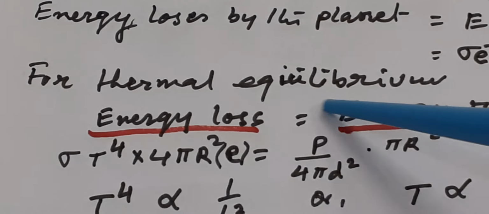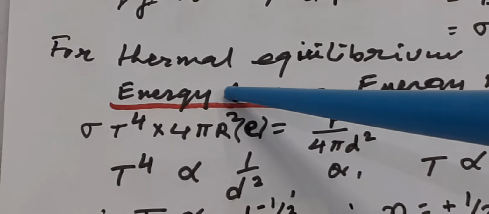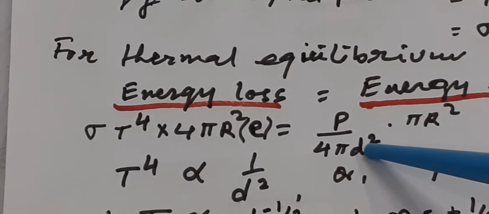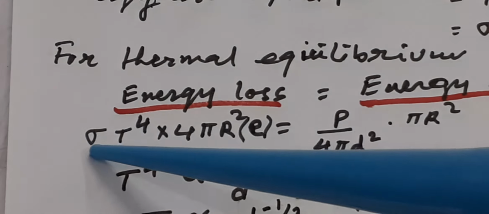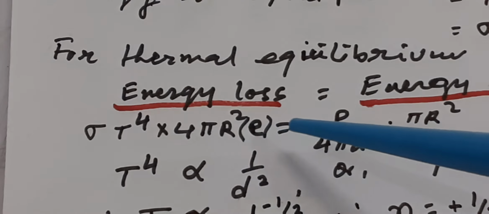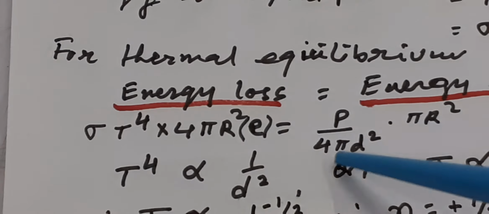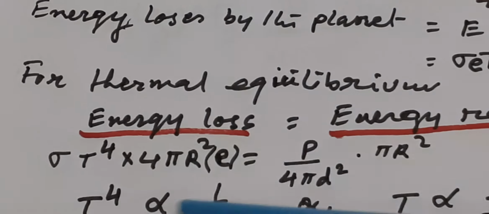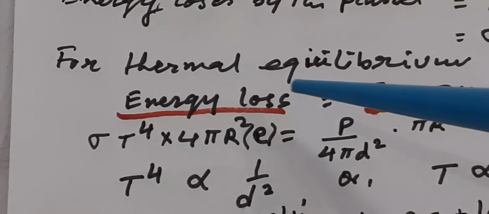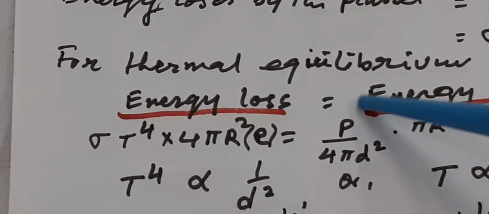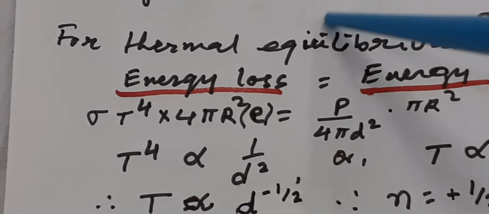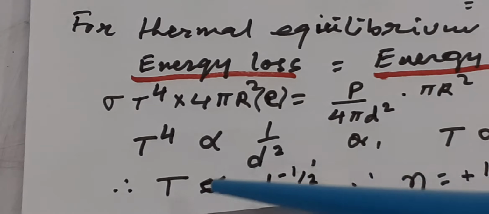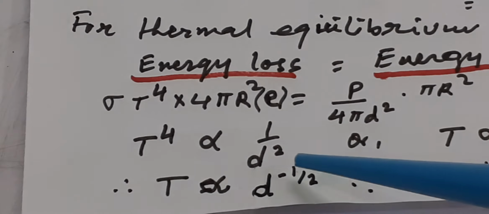From here we can simplify because only T and D are variable here. The rest is all constant. Now all these are constant. Now we can write T to the power 4 is proportional to 1 by D to the power square. Now as we are interested in T, T is proportional to D to the power minus half.